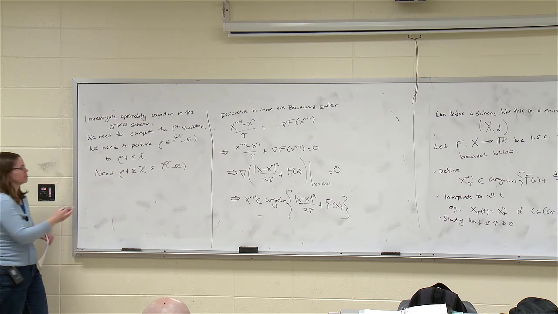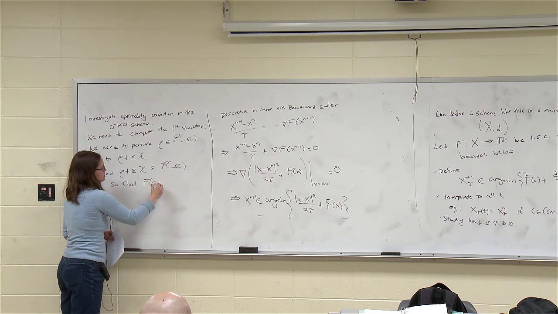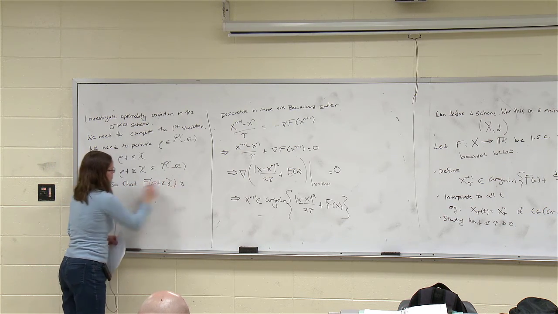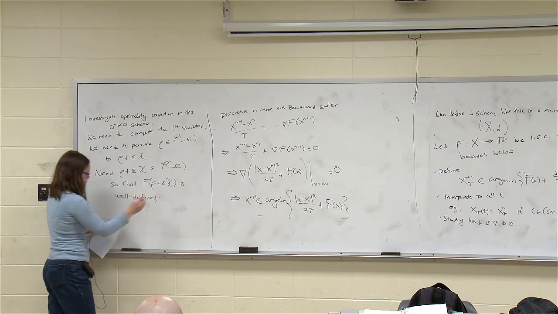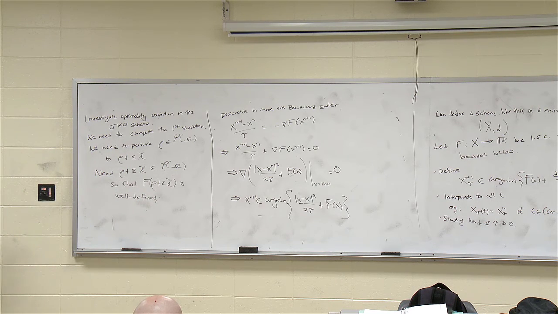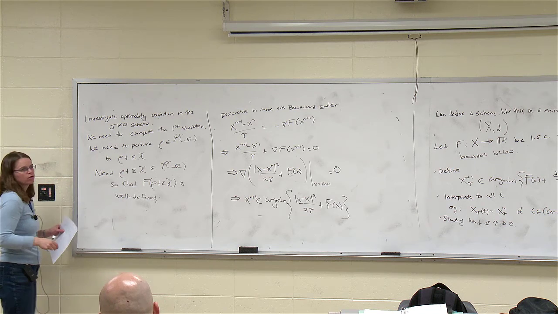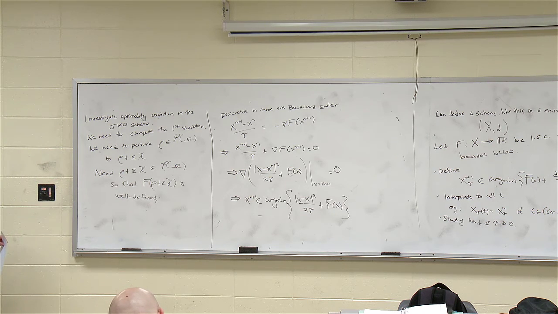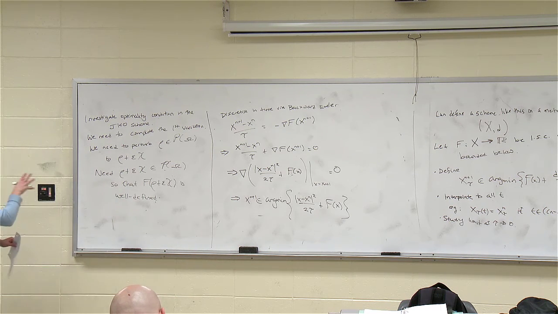Otherwise, f doesn't make sense. Okay, so it's not a complicated point, but it turns out to be an important point, and you'll get the wrong result if you don't keep this in mind.